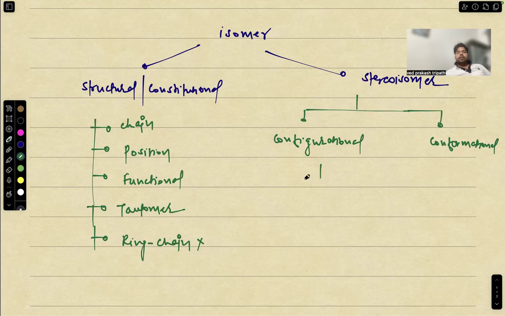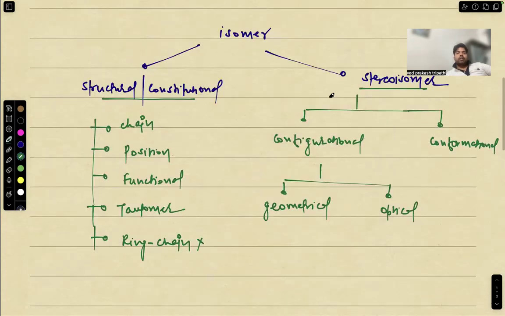Configurational is further divided into two: geometrical and optical. Clear? So in this video, we are going to deal with structural isomer and the difference between stereo and structural isomer. So we have done the isomer.